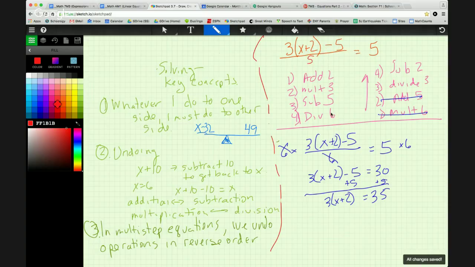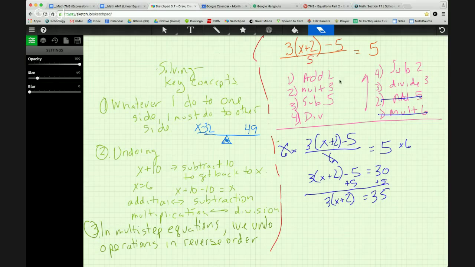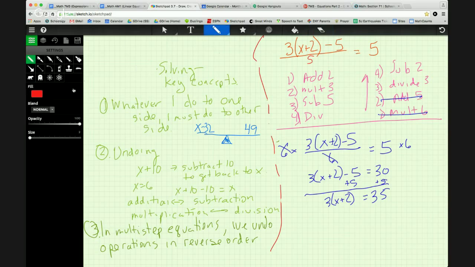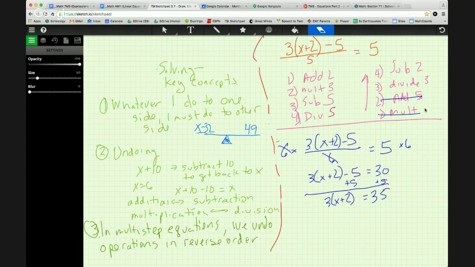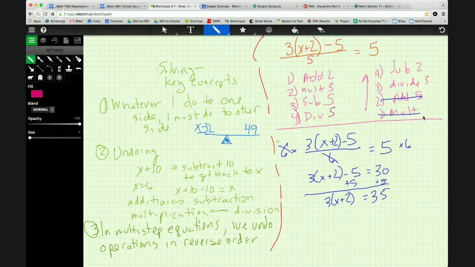So to undo this, we're going to divide by 5, and so we're going to call this multiply by 5. Here, we'll just do the whole thing again.